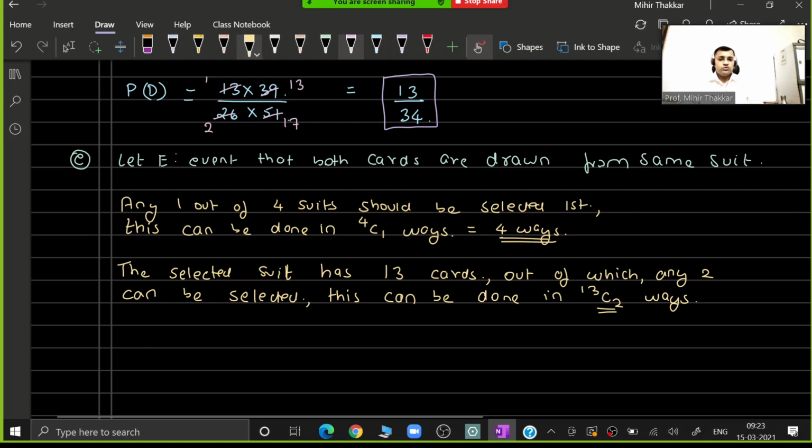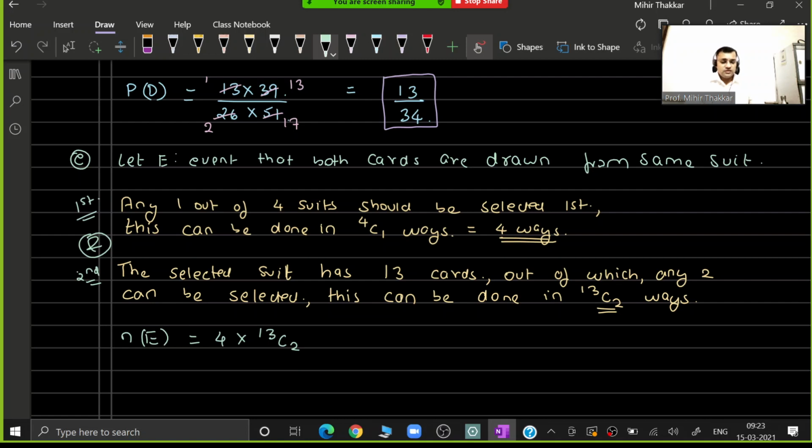Now, in order to get the required value of n of E, I told you that I have to multiply 4 and 13C2 for the simple reason that first I have to select one of the suits and then I have to select 2 cards out of the 13 cards. As I told you in the beginning, AND always indicates multiplication of the number of possibilities. Therefore, guys, I am multiplying these possible values 4 and 13C2.